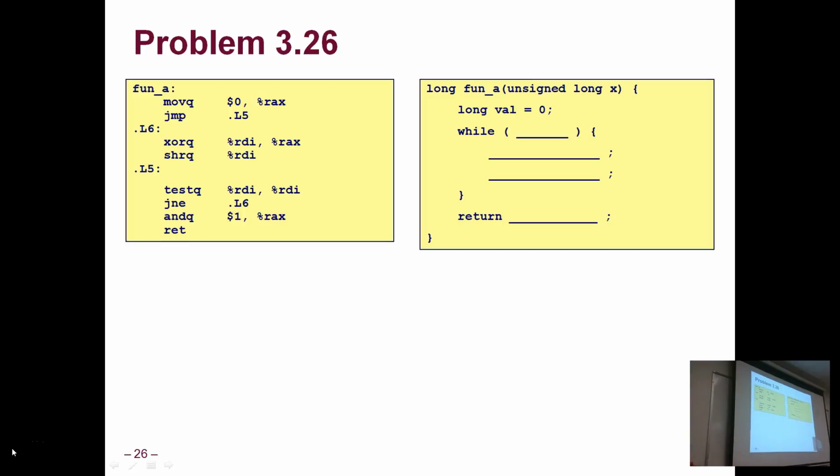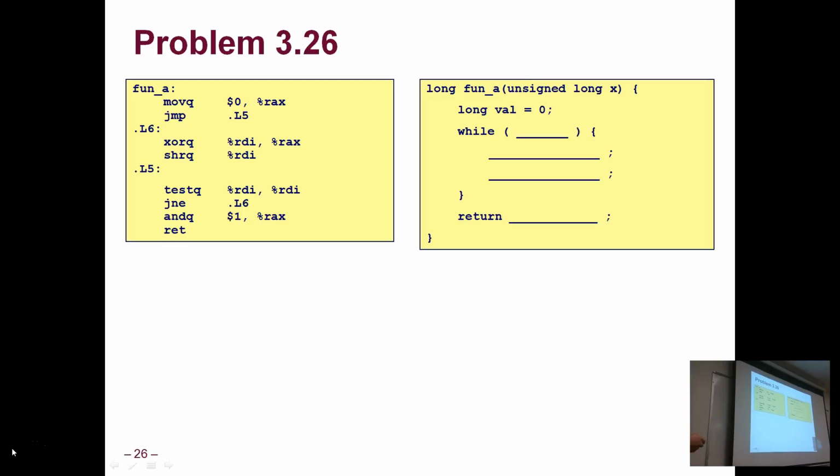All right. So this moves 0 into RAX. So this is likely what's going to be returned. And then it does a jump to L5, which tests this condition. So this is likely the condition that's in the while loop.